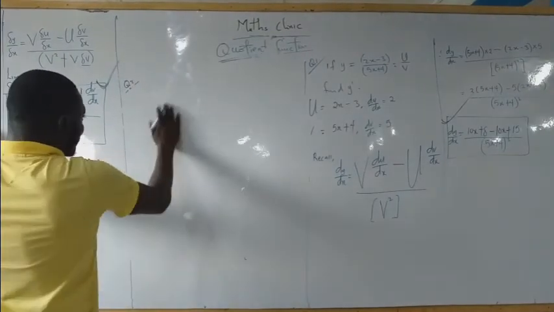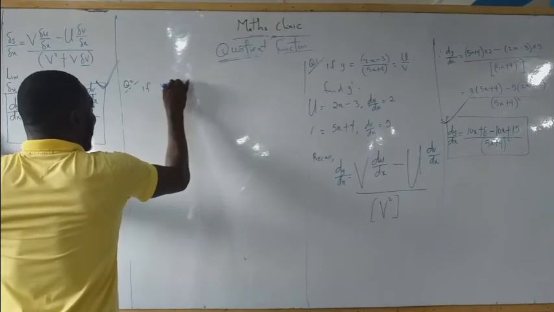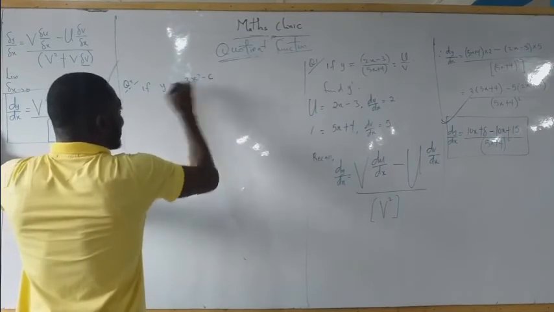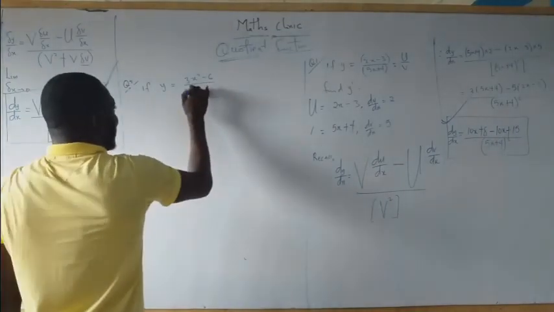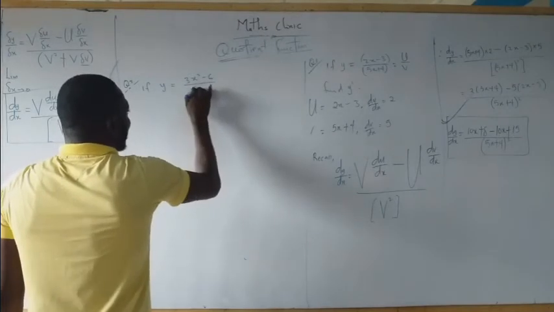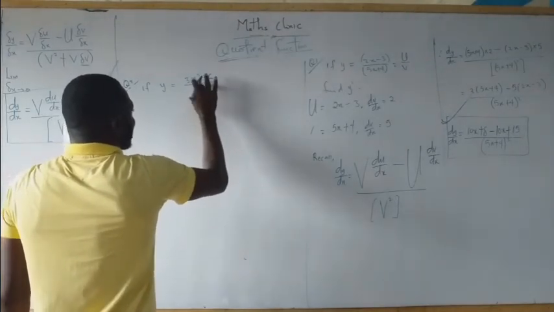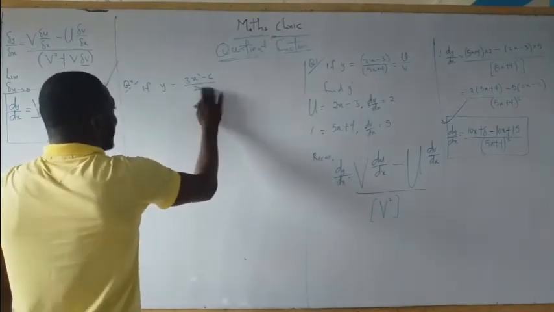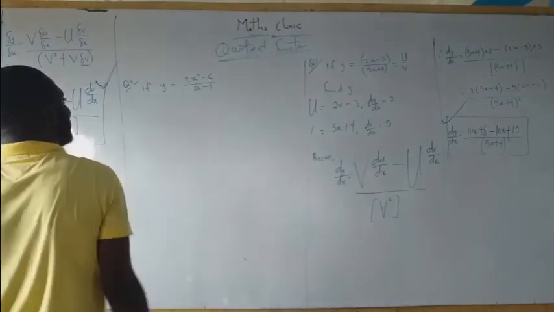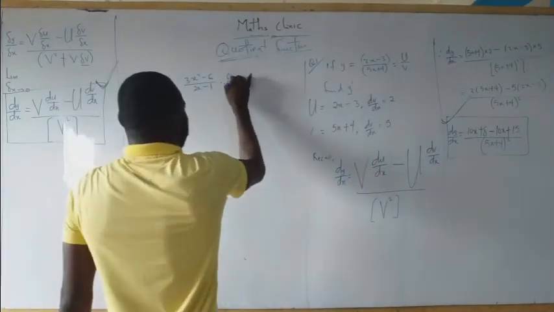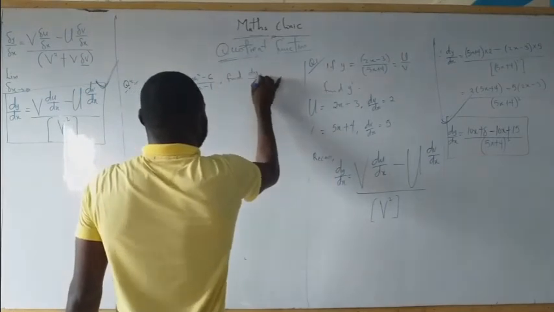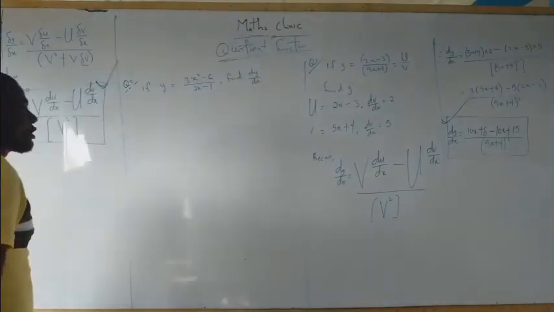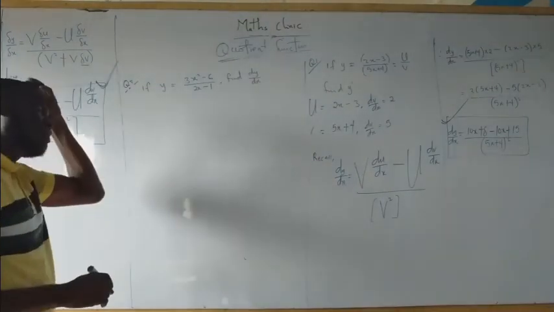Question 2: y equals 3x squared minus 6 over 2x minus 1. Find dy dx. If y equals 3x squared minus 6 over 2x minus 1, find dy dx.